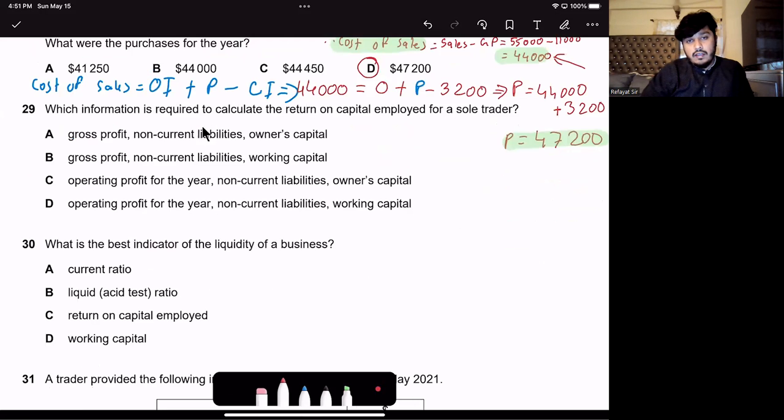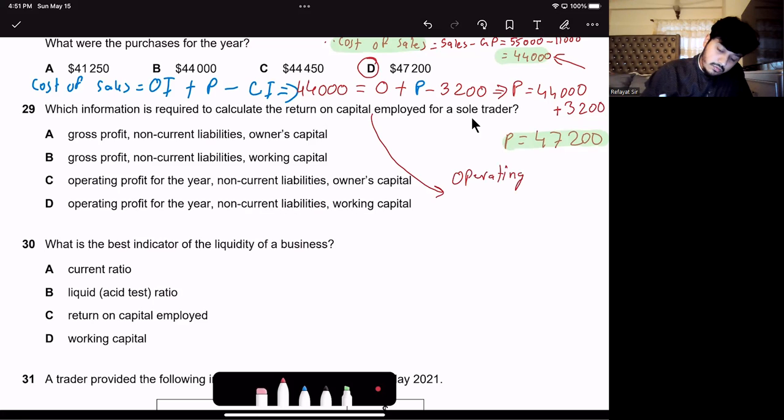29. Which information is required to calculate capital employed? The formula for capital employed is operating profit divided by capital employed. Capital employed is capital plus non-current liability.